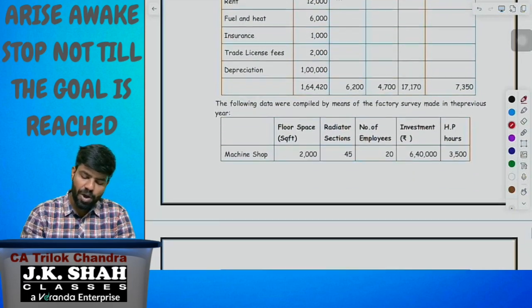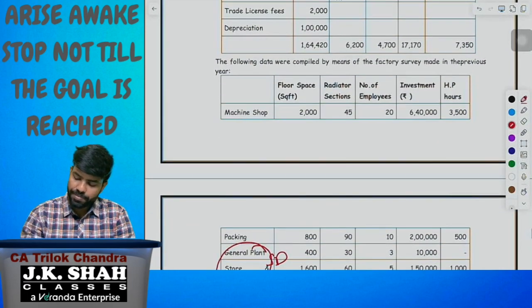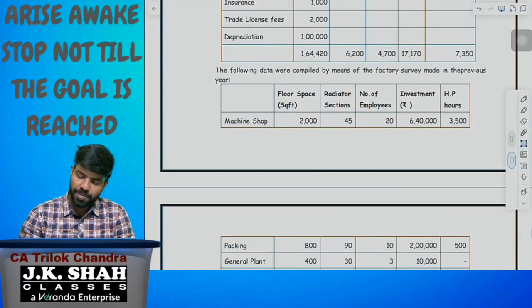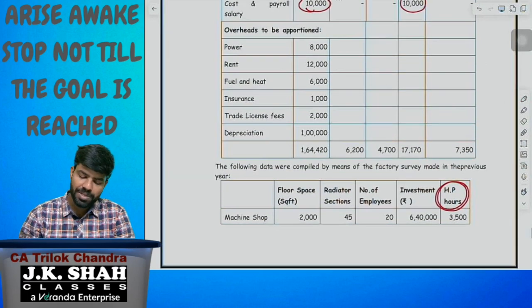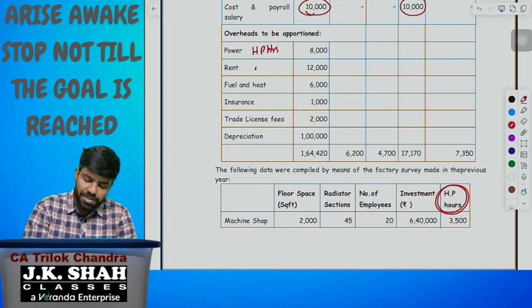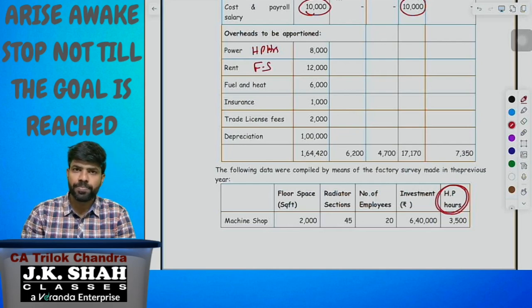Power. On what basis are we going to apportion the power? According to the given information, based on horsepower, HP hours. Rent will be apportioned based on floor space.